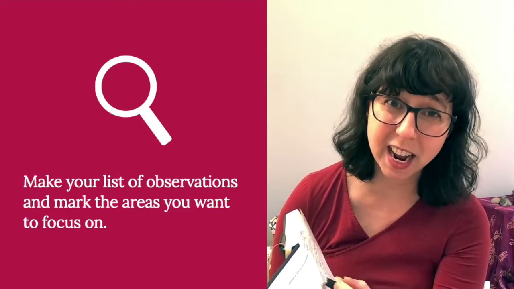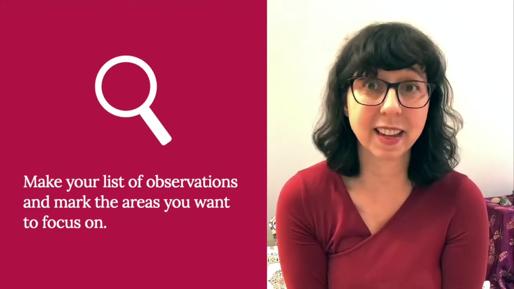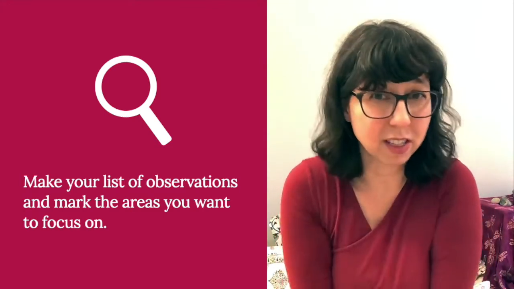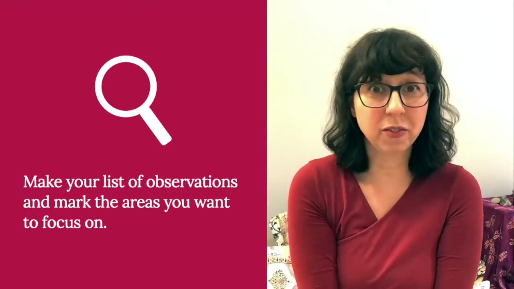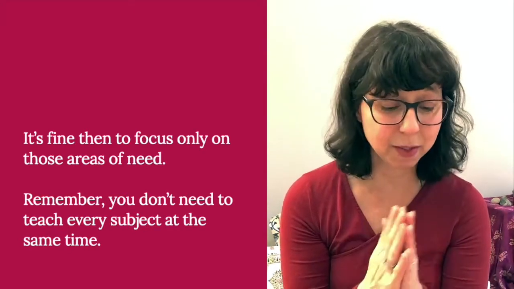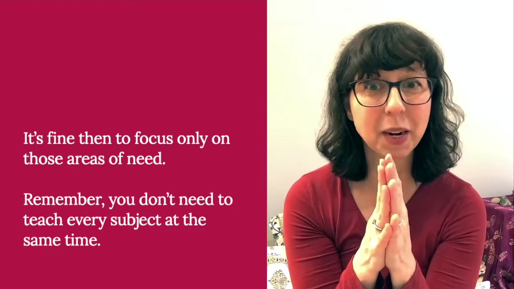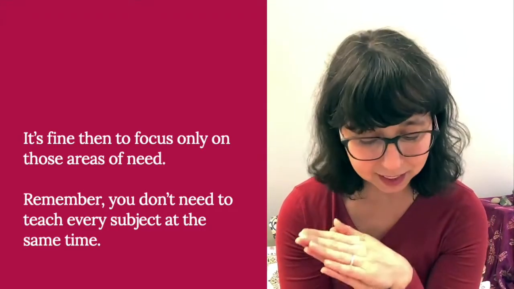And then I would put a little star or a little check next to the subject areas that I felt were weaknesses of ours as a family or were deficiencies of that child in particular, that they needed more of. Then I would really focus on those needful subjects and let the rest go. And that really pared down what I was trying to look for in terms of curriculum.